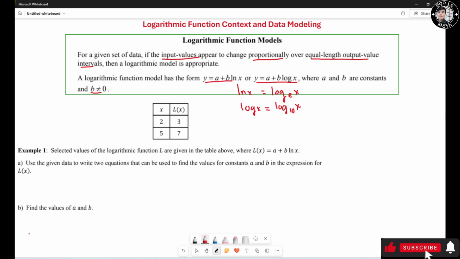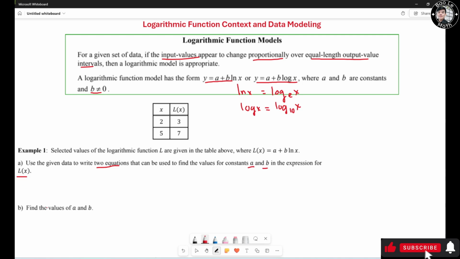Okay, so let's take a look at the first example. Selected values of the logarithmic function L are given in the table above, where L of s is a plus b natural log of s. Use the given data to write two equations that can be used to find the values for the constants a and b in the expression for L of s.